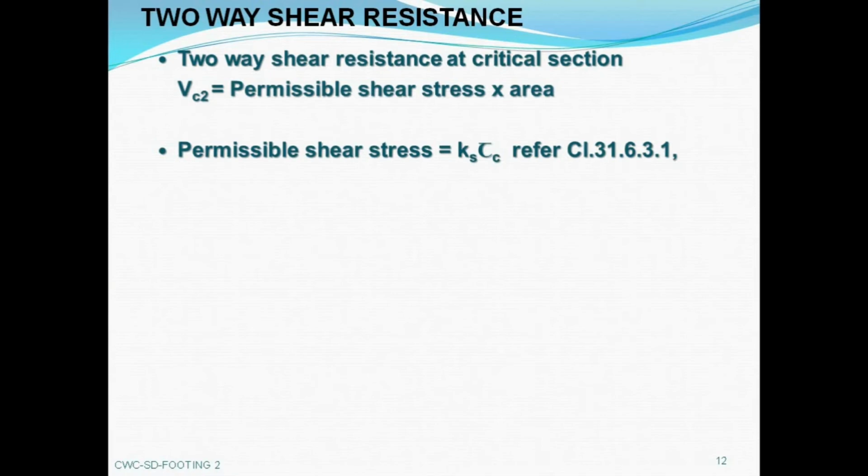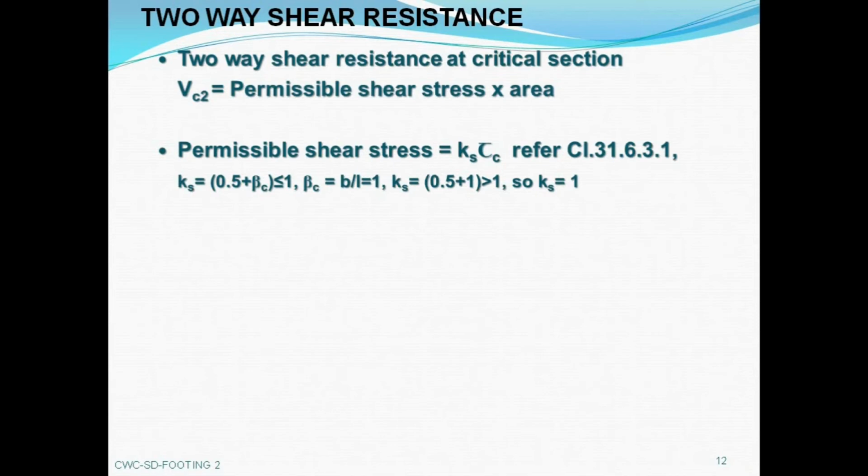So permissible shear stress is equal to Ks into tau c, whereas Ks equal to 0.5 plus beta c, and the value of Ks should be less than or equal to 1, whereas beta c equal to B by L, where B and L are the column dimensions.